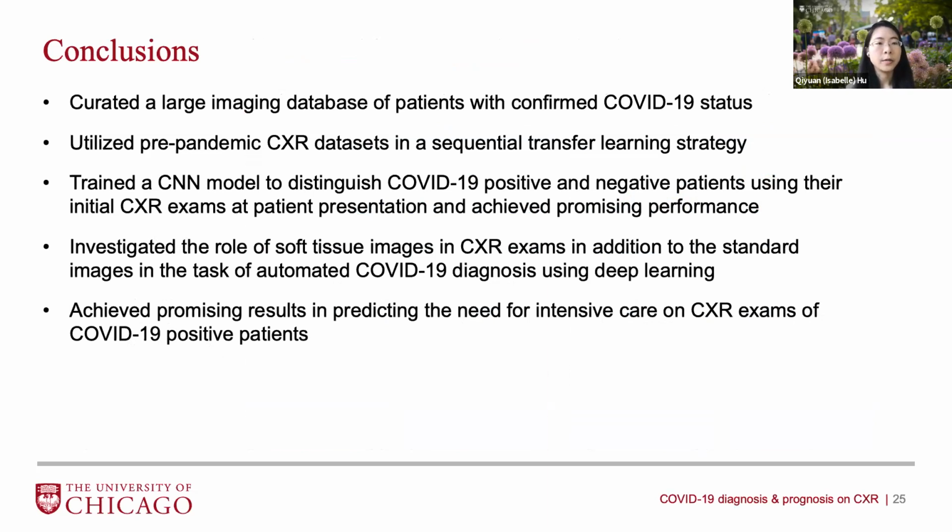We also investigated the role of soft tissue images in CXR exams in addition to the standard images in a task of automated COVID-19 diagnosis using deep learning. And we also achieved promising results in predicting the needs for intensive care on CXR exams of COVID positive patients.